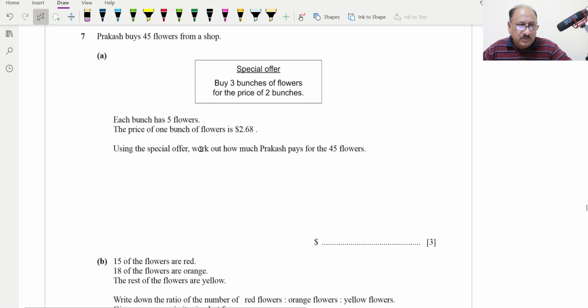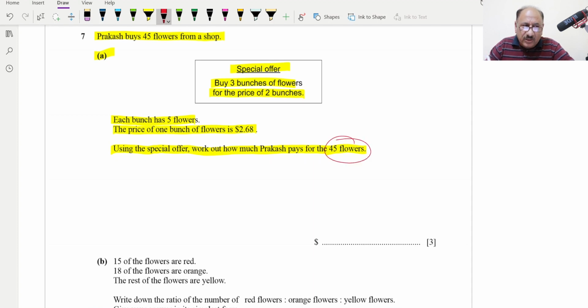Now question number 7, it says Prakash buys 45 flowers from a shop, and special offer is 3 bunches of flowers for the price of 2 bunches. So each bunch has 5 flowers. The price of one bunch of flowers is 2.68. Using the special offer, work out how much Prakash pays for 45 flowers.